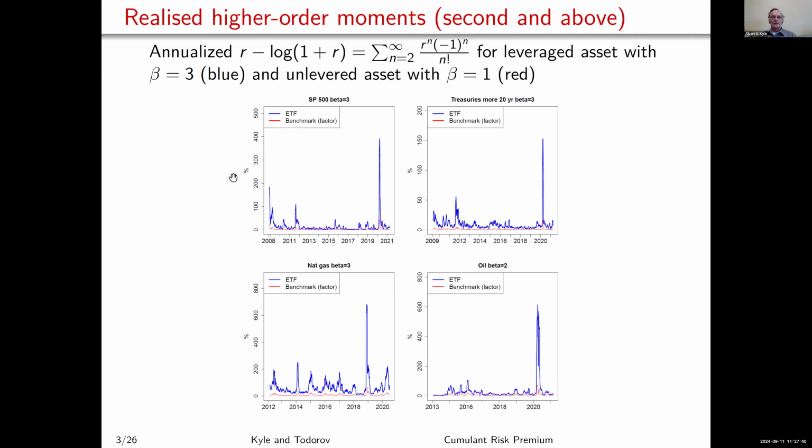One interesting fact is that these returns tend to be positive, and that's because, to a large extent, shorting variance is profitable.